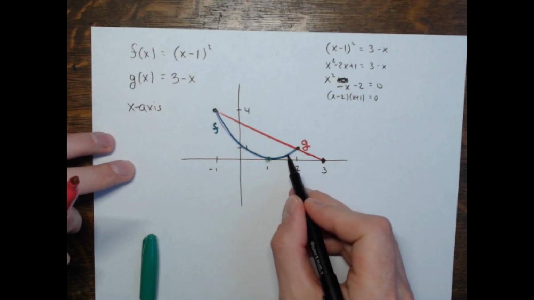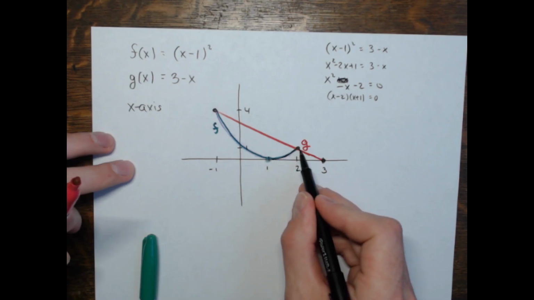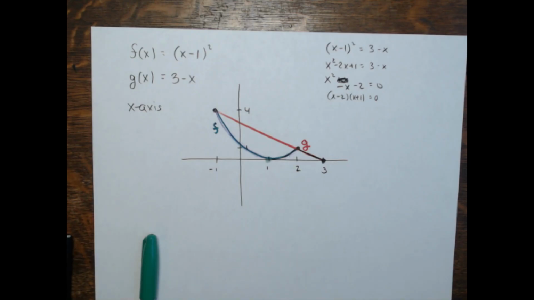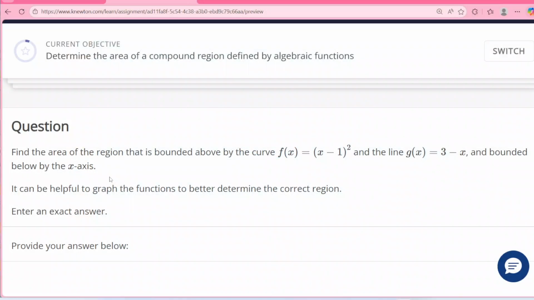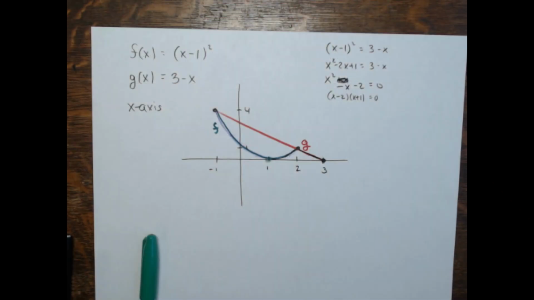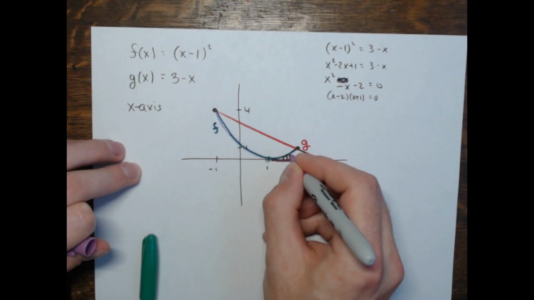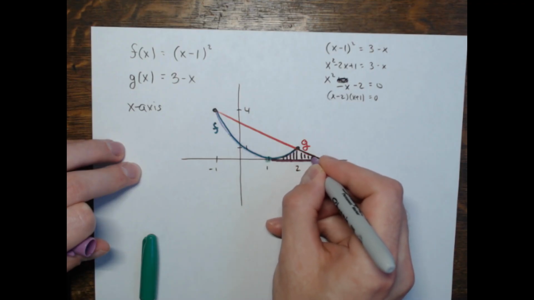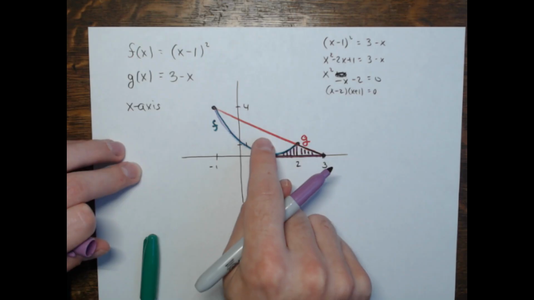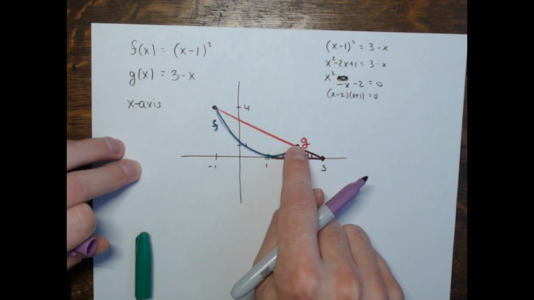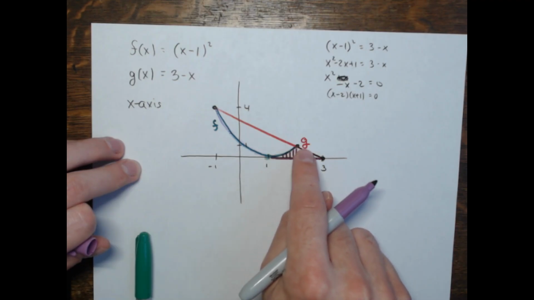So this curve, this parabola, and this line are on top, and they say it's bounded below by the x-axis. So the region they're talking about here is this, not this. This, right? It's bounded above by these two curves.